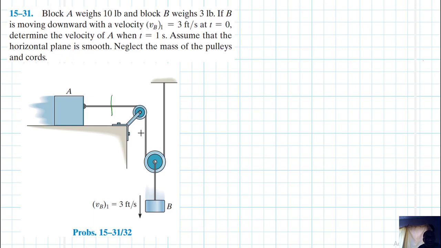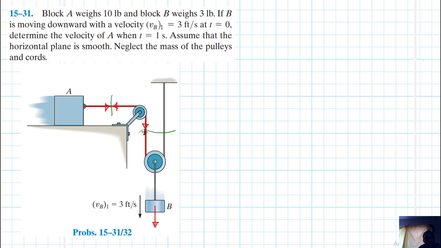If we do a section there, and a section there, then we have the following. We have the weight like so. We have the tension like so, and then we have the tension also there.